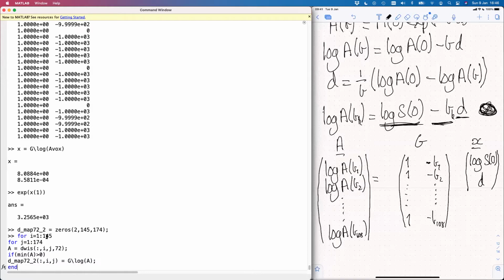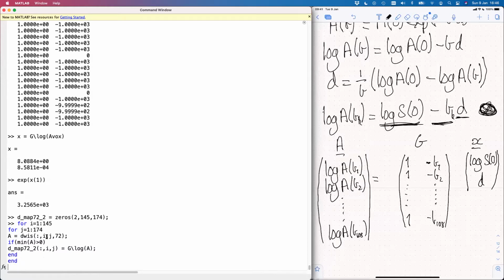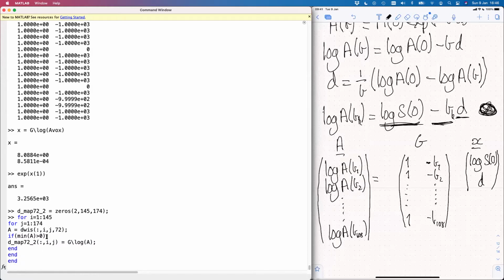Okay, end the if, end the for, end the other for. So that's looped over that image slice and should have solved this matrix equation for every pixel within. So we can have a look at the results.